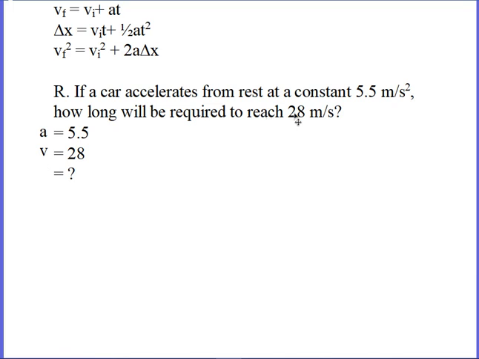Reach 28. So ultimately it's going to get to 28. That is the final velocity, and don't rest until you have dressed your velocity. Again, I leave the units off. And then the question, here it is, how long? So they want to know the length. That's delta x.